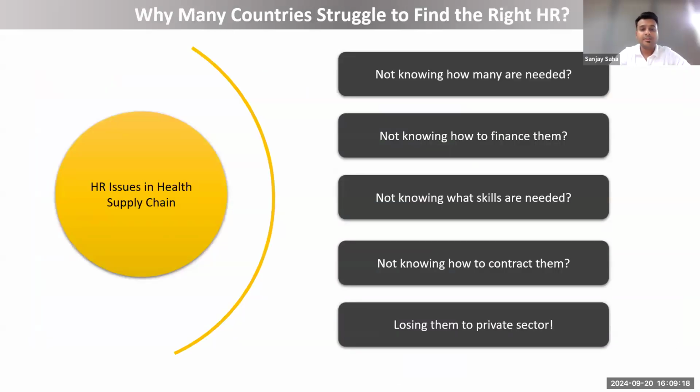Now, in this slide, let's see why many countries struggle to find the right human resources. The other day we were having this discussion with Madam Batur that in her state they don't have budgets to find the right person.